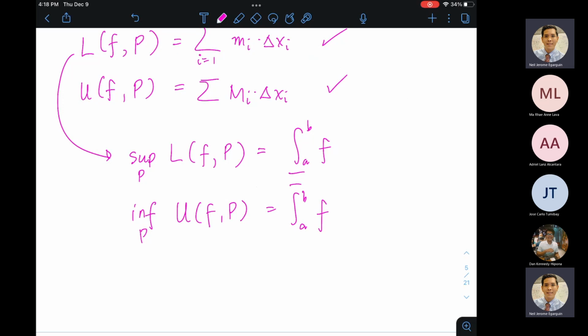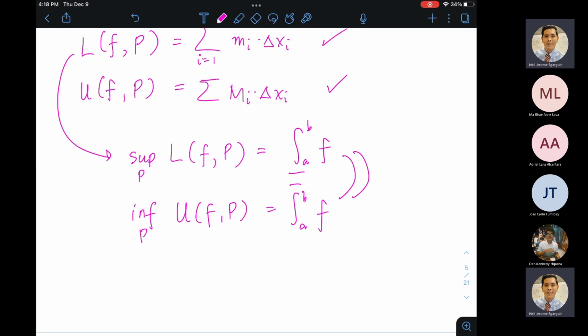And then after we developed these things, we said, okay, we say that a function little f is Riemann integrable if and only if the lower Riemann integral is equal to the upper Riemann integral. Riemann integrable siya kung nangyari yun. That's our definition of Riemann integrability. And moreover, the common value between the lower and upper Riemann integral is what we will call the Riemann integral of the function f. All right?